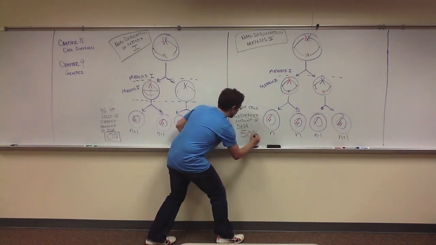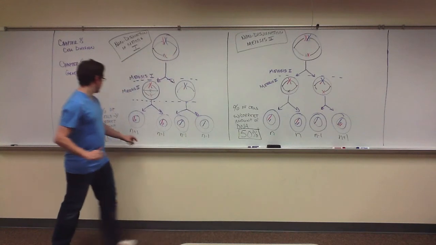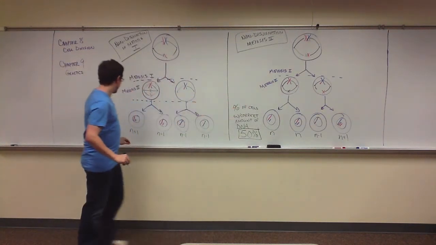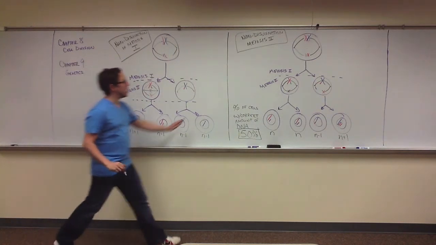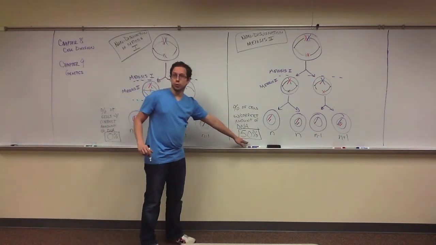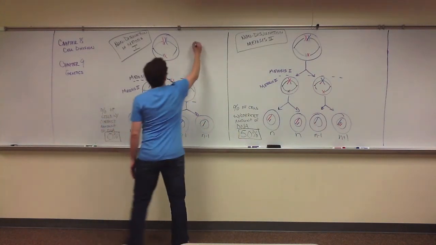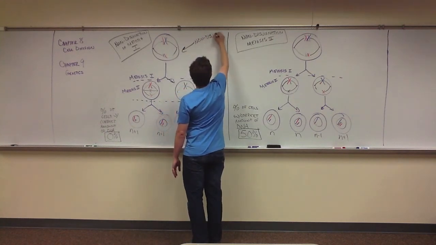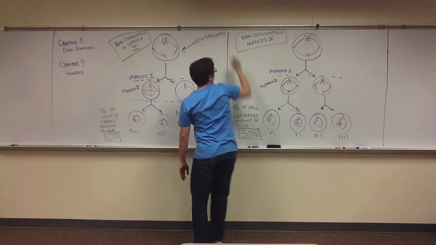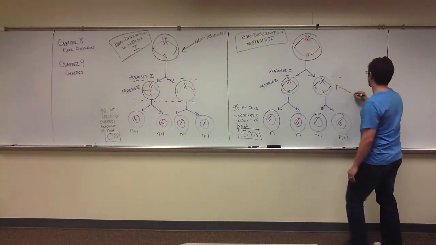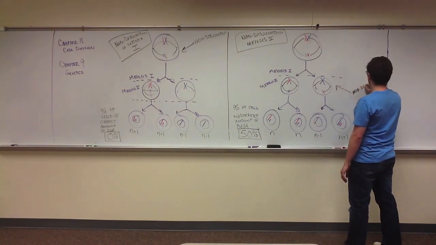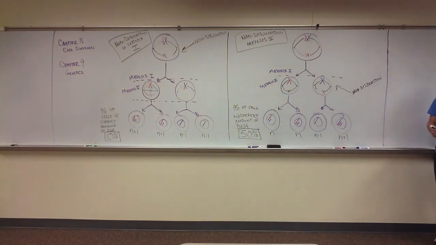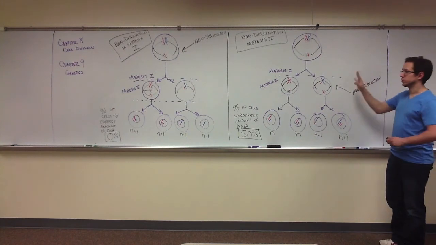So, understand that if the non-disjunction happens sooner rather than later, we're going to wind up with 0%, whereas if it happens in meiosis 2, then we're going to wind up with 50%. So here, this is the non-disjunction. While here, this is the non-disjunction. And those are the differences and discrepancies between those two.